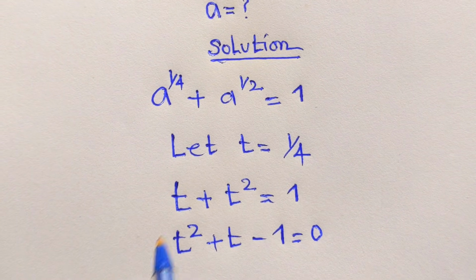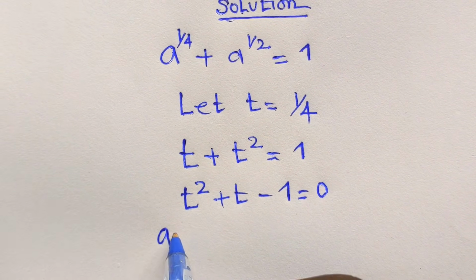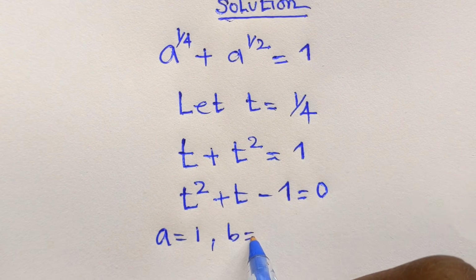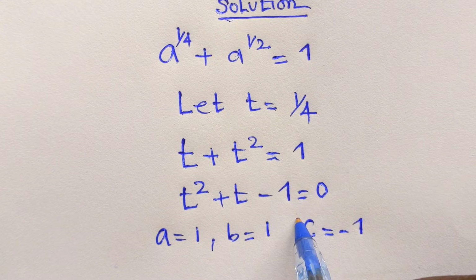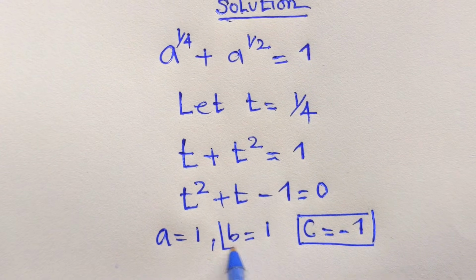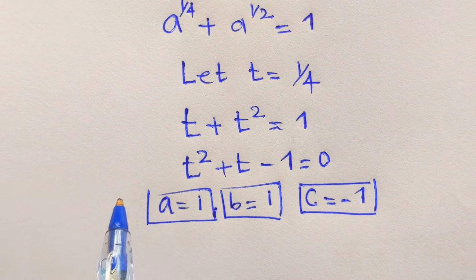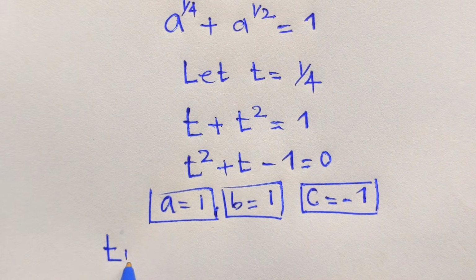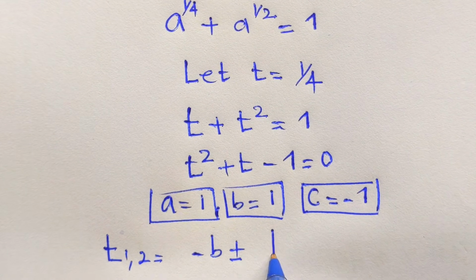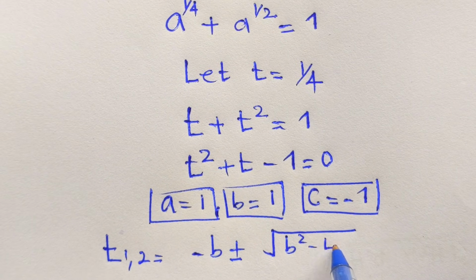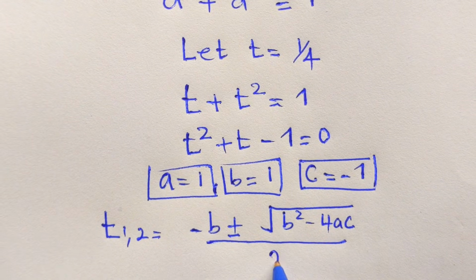Then here, by using the formula method, because this is a quadratic equation, we have a equals 1, b equals 1, and c equals -1. We shall continue by finding t1 and t2, which will be -b plus or minus square root of b squared minus 4ac, over 2a.